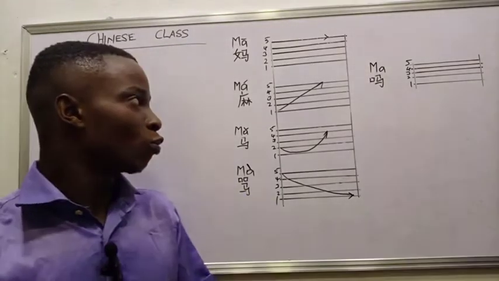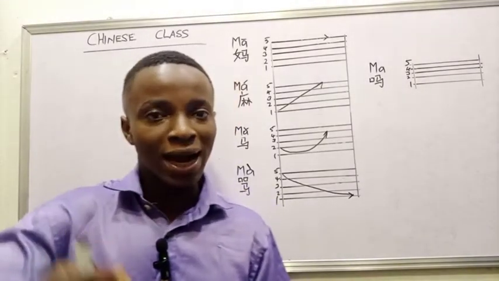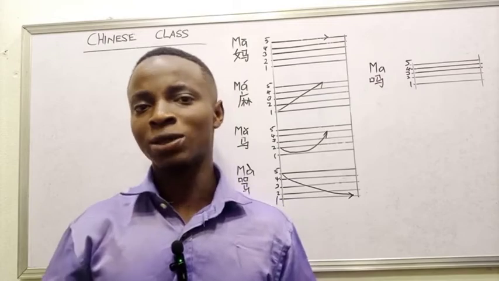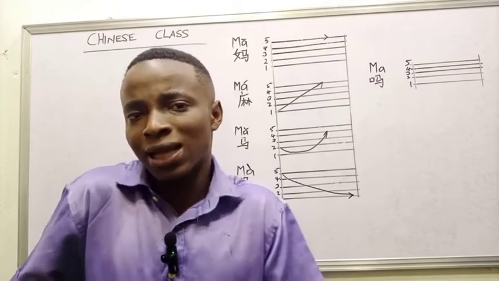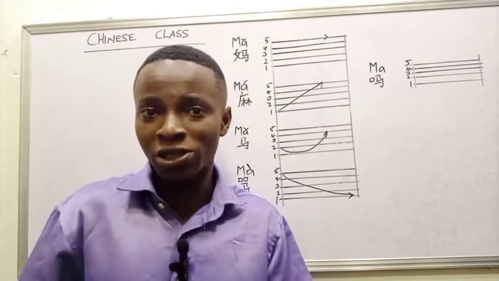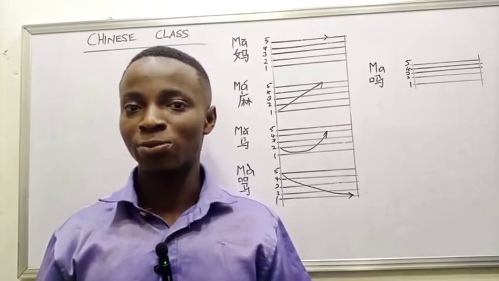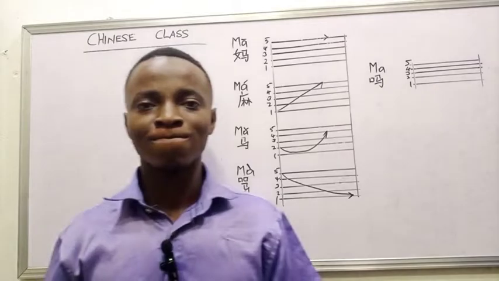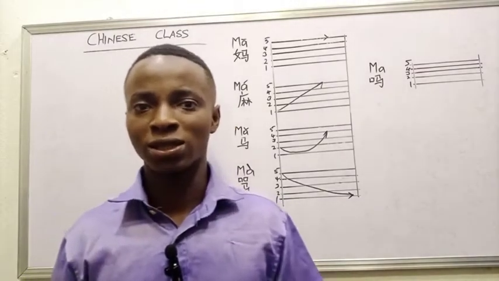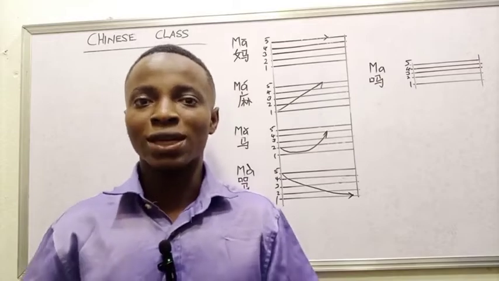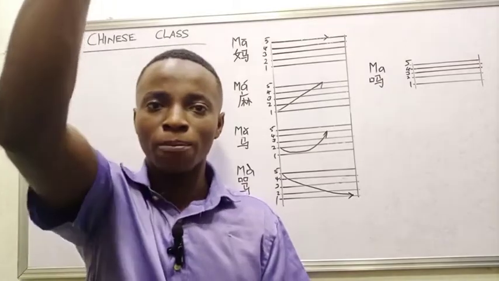Then the second tone, which is known as the rising tone. You will observe from the diagram that the arrow starts from the lower pitch and then goes up to the highest pitch. It's just like when you want to accelerate your vehicle, you can see how the speed goes up.